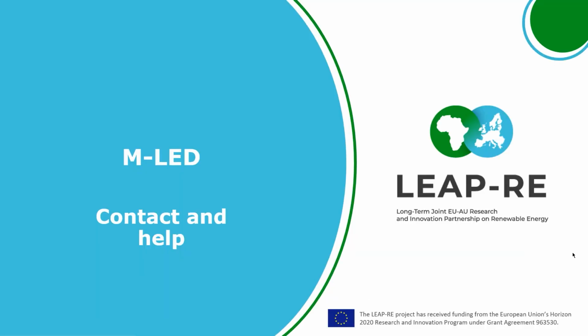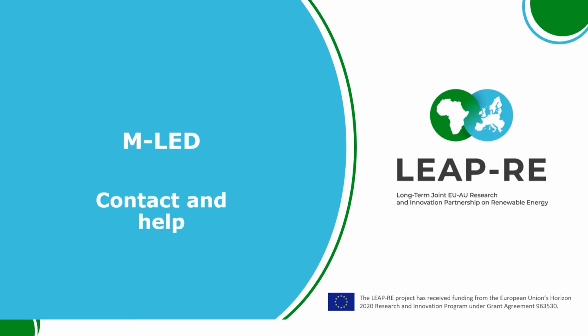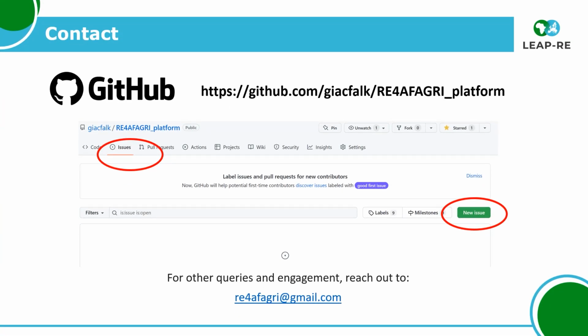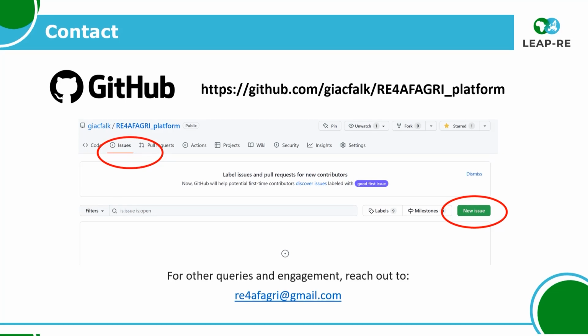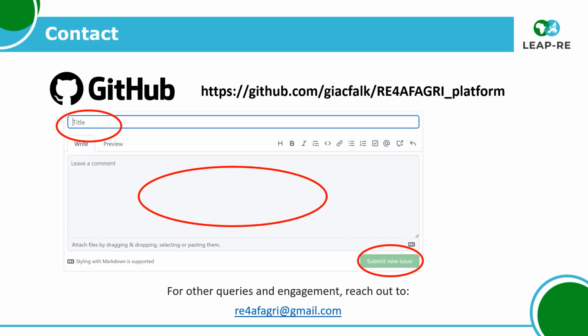So to conclude, to get any additional contact and help, please refer to the RE4AFAGRI platform official GitHub webpage, where you can open issues in the issue section. In the issue section, you should type a well described clear title and a detailed description of what issue you are facing, what your system configuration is, what steps you have followed so far, and where you are getting an error.